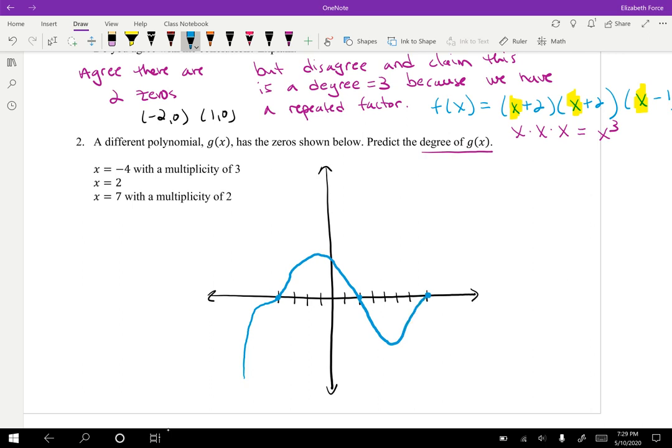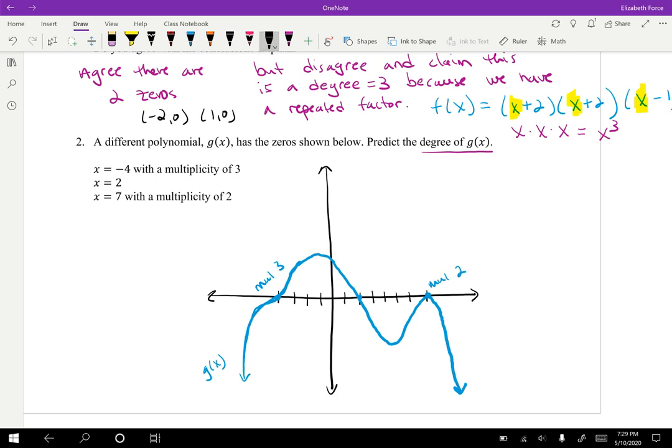Multiplicity of 2 means I'm going to act like a quadratic, touch it, bounce back down. And there is a possibility for this polynomial g of x. I feel like that wasn't the best cubic curve right there, but you get the idea. So we're going to put a multiplicity of 3 and then a multiplicity of 2.